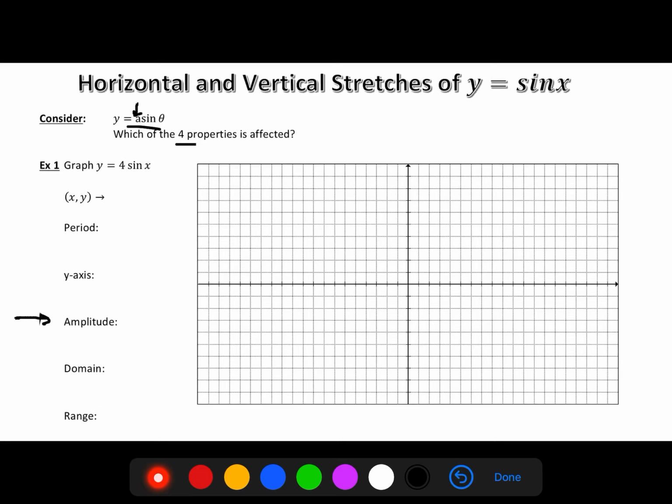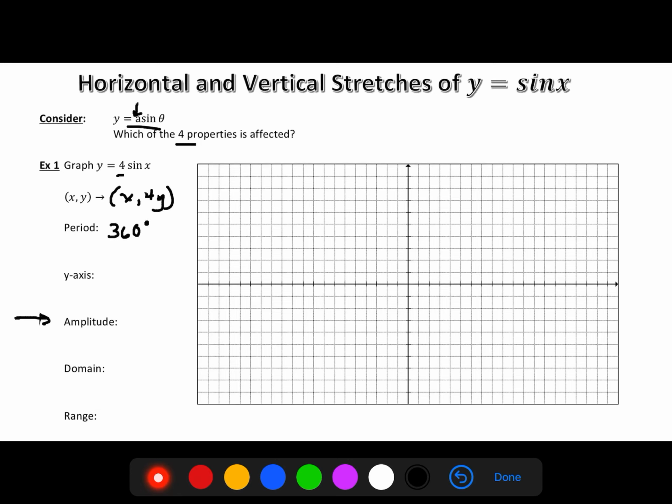Both are going to be multiplied by that 4 out front. What's going to happen to our key points here is that our y values are going to be multiplied by 4.